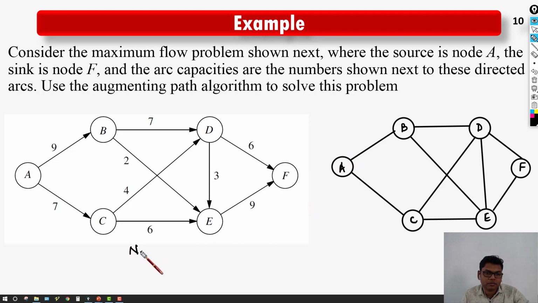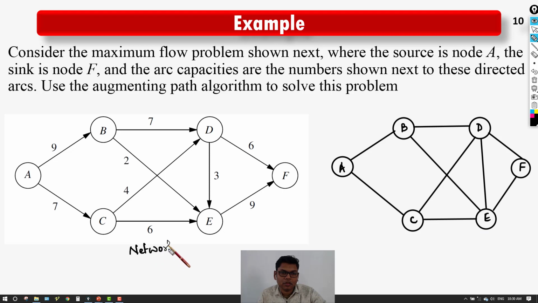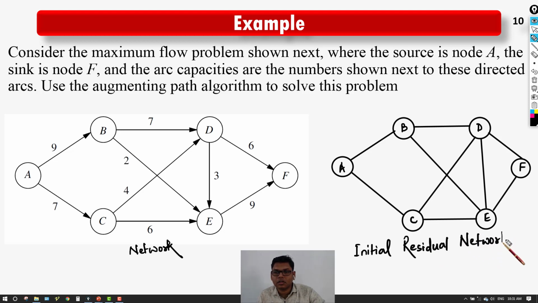This is a network, and we are going to create the initial residual network. Clear? So initial means whatever is the capacity of the link, that will be written on the left side and the right side will be 0. This is the meaning of initial.